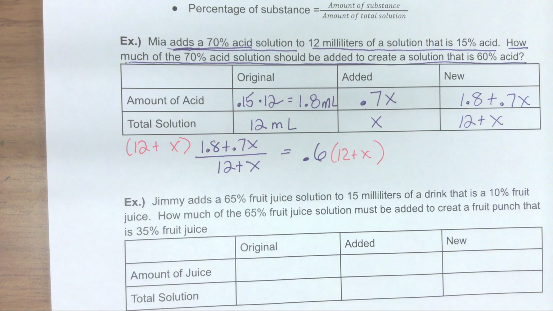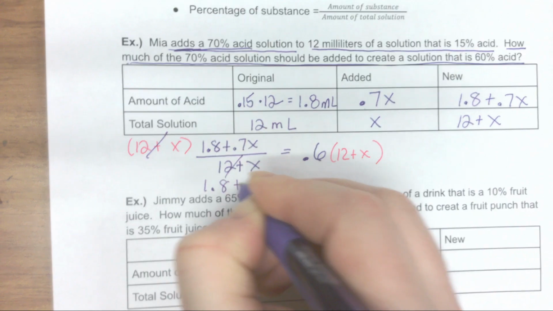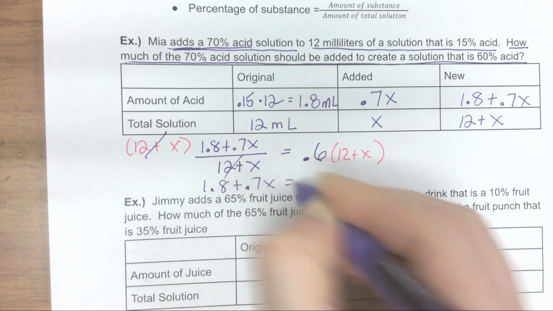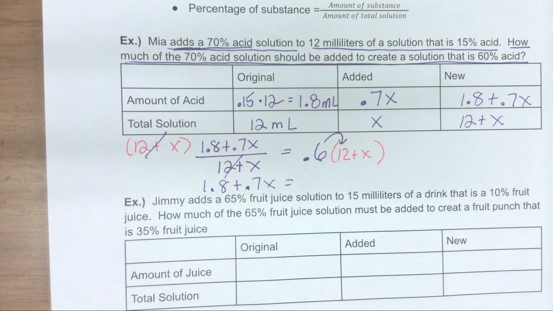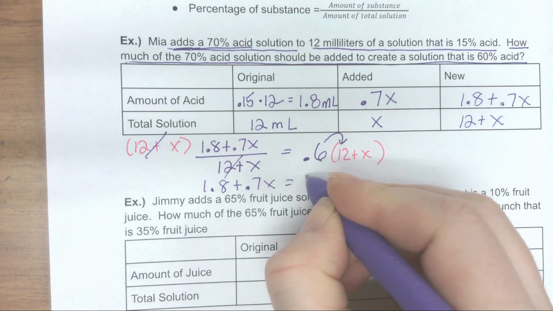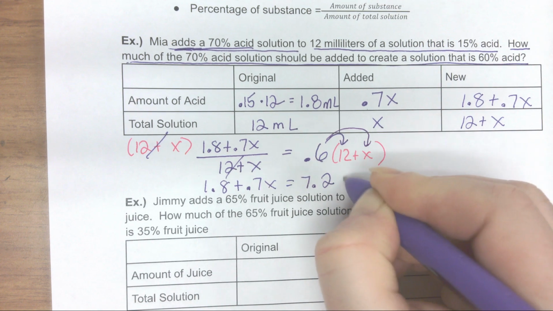They cancel. I have 1.8 plus 0.7x, and then I distribute. What's 0.6 times 12? Good. 7.2 plus 0.6x.